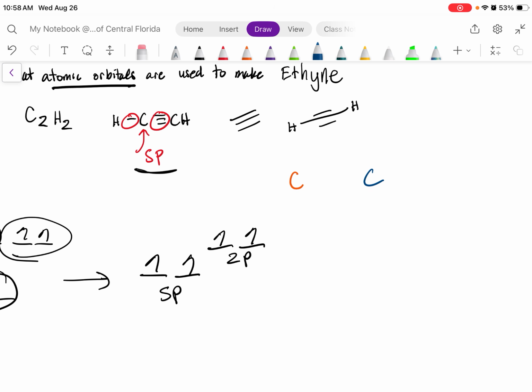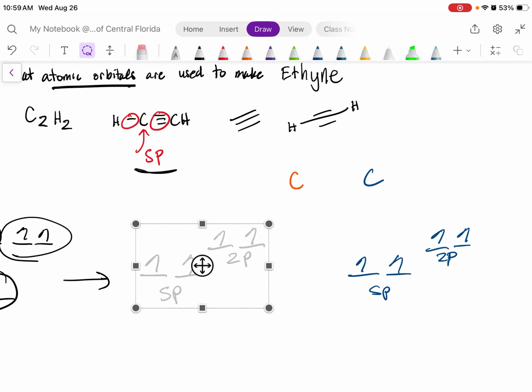So if we draw our molecule here, let's do orange carbon next to a blue carbon, like that. We're going to have blue doing the same thing. Not sp, that would just be p or 2p. And those are sps. Like that. Let's change the color there.